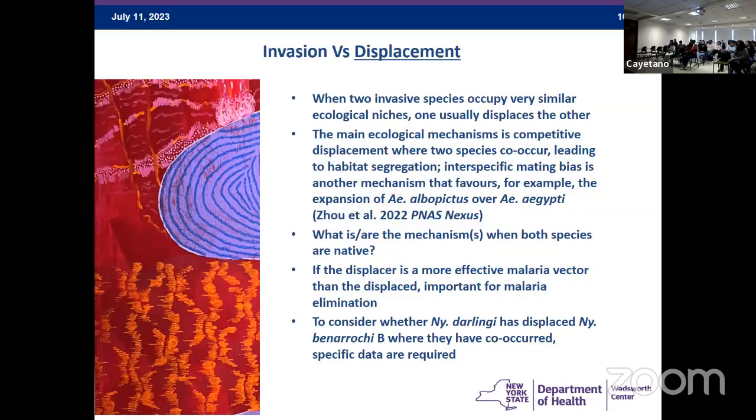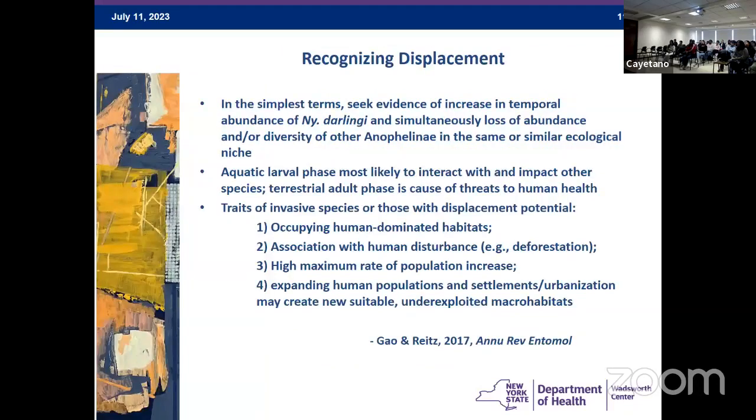But the traits of invasive species, or those with what we call displacement potential, like Darlingi, are that they occupy human-dominated habitats. They're associated strongly with disturbance like deforestation, land building and mining. They have a high maximum rate of population increase. We don't have very good data on that, but when Darlingi invaded Iquitos in the late 90s, the abundance of Darlingi and then the abundance of thousands and thousands of malaria cases is very good evidence for that, although people haven't necessarily been bothering to quantify it.